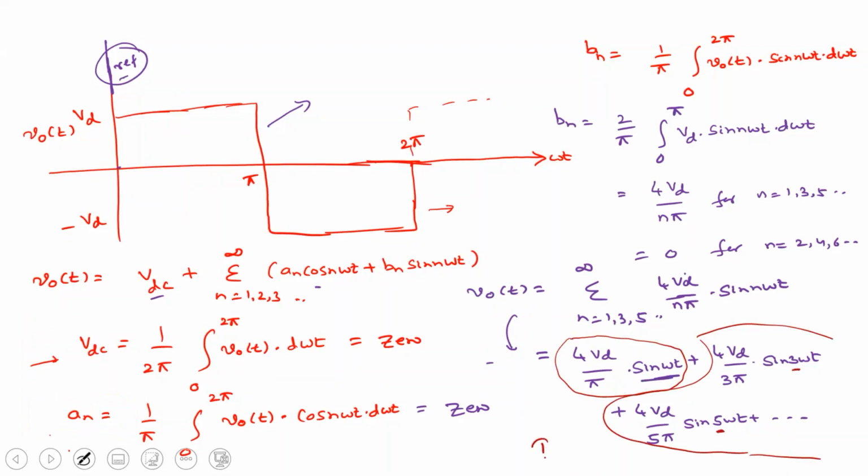So you have the fundamental here, then third, fifth, seventh, ninth, and so on. So these are the harmonics, right? This is the fundamental, 4 Vd by pi. So this is the fundamental peak value, right? That is Vm sin omega t. So that means Vm is 4 Vd by pi, so this is 4 Vd by pi sin omega t.